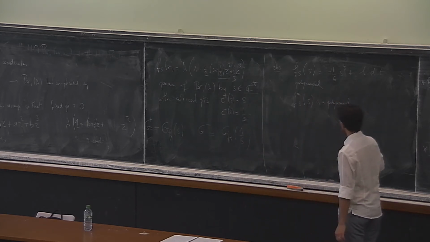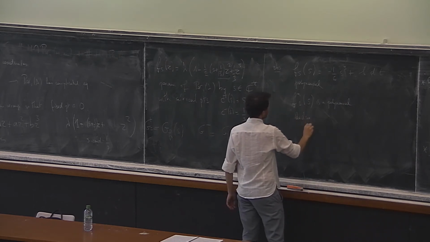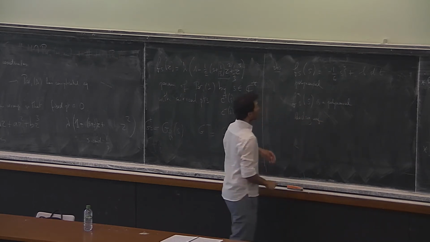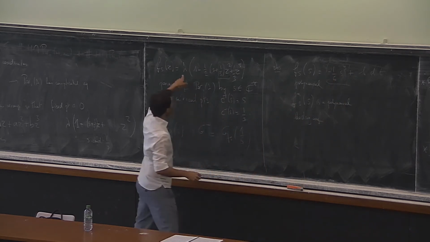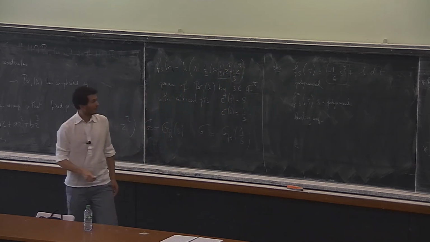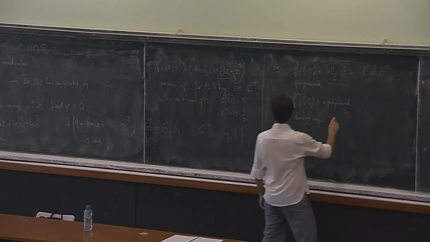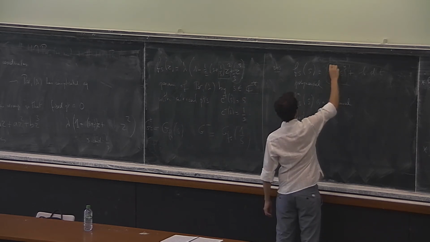It is a polynomial, and the leading coefficient. So you see, you take this coefficient here, and you take the highest degree term, and you iterate. Okay? So the leading coefficient is this one. Sorry, there's a lambda here.